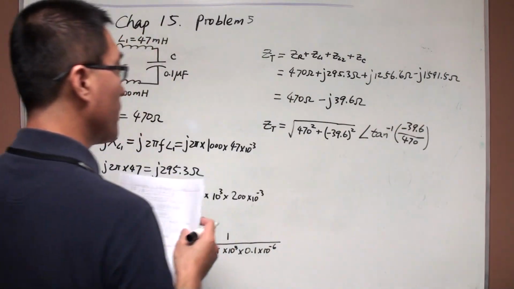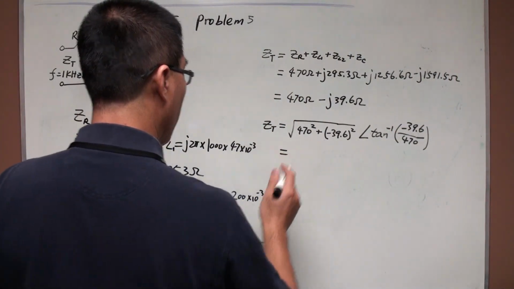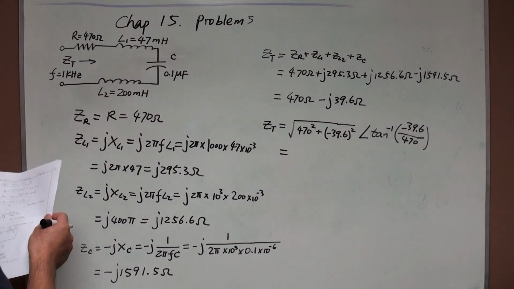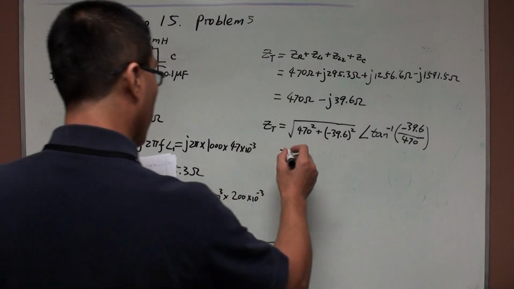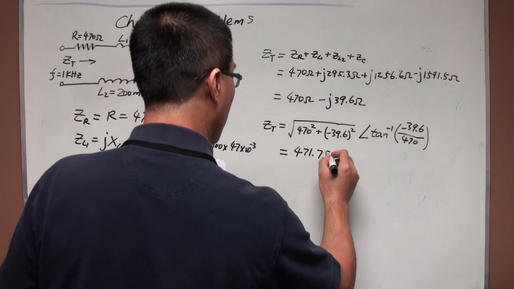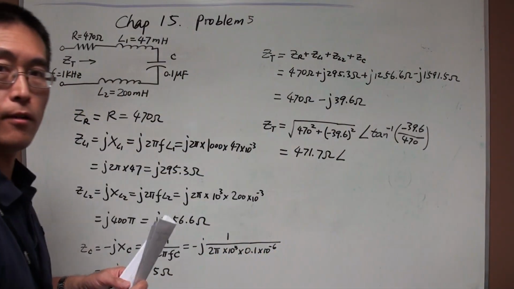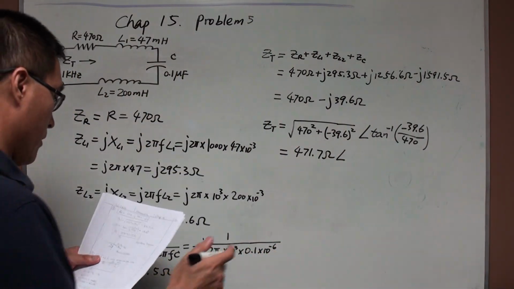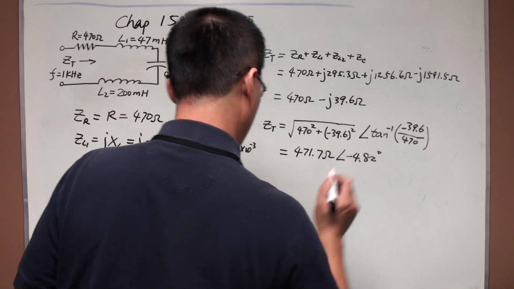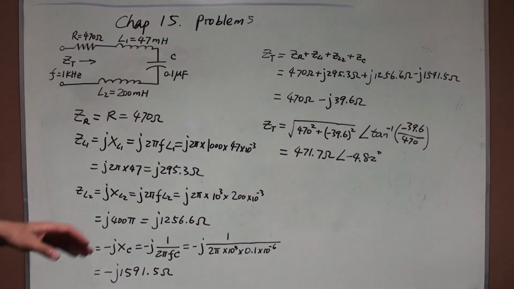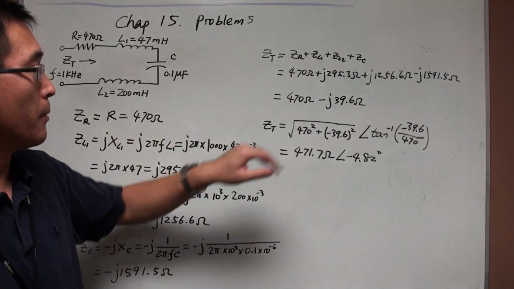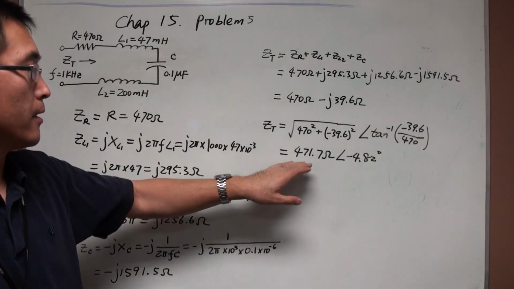So this will be the angle. And again, if you do the calculation, it's equal to 471.7 ohms with an angle of negative 4.82 degrees. So this will be the total impedance in rectangular form and in polar form.